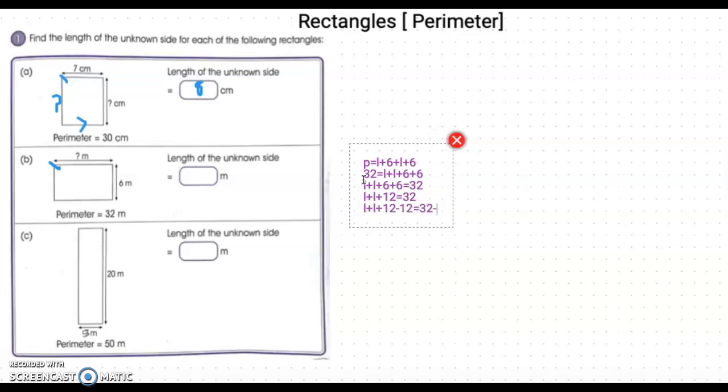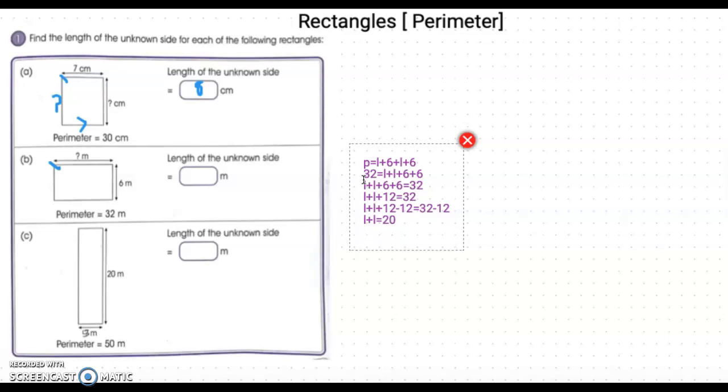So if I subtract, then it will be 0 this side, and I will remain with L plus L only. So it will be 32 minus 12, which will be 20, right?